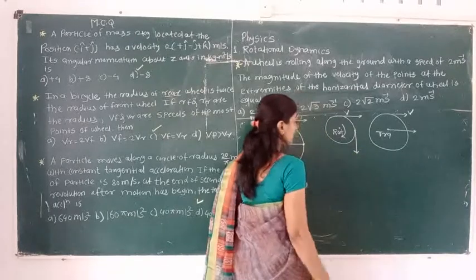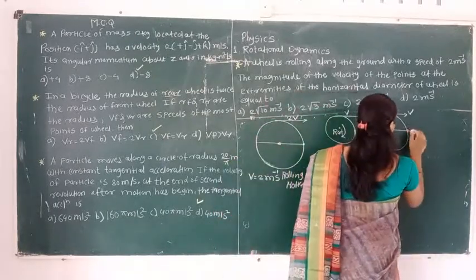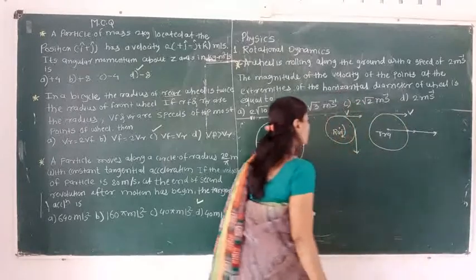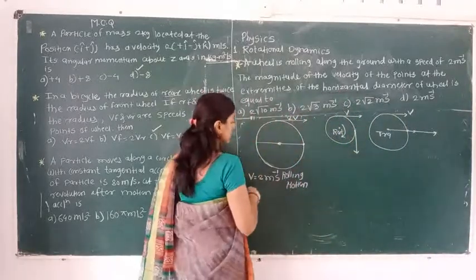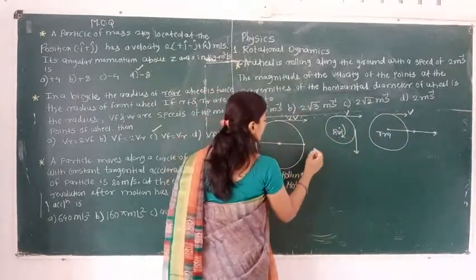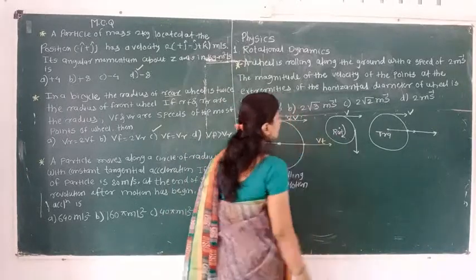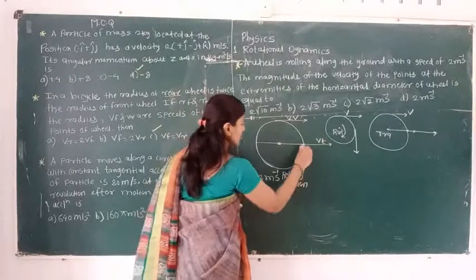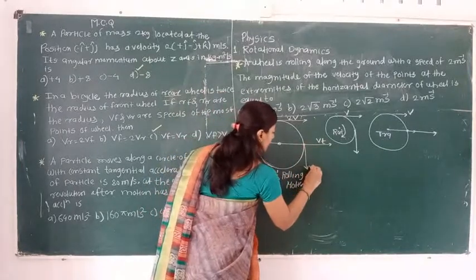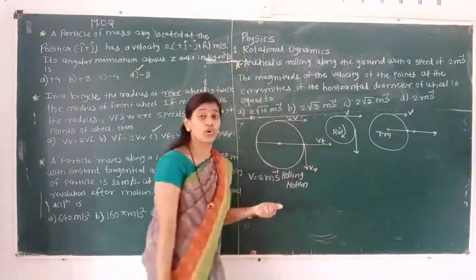It is in downward direction, but in translatory motion the direction is the same, forward. So at that point the velocities act in such a way: this is Vt, the velocity due to translatory motion, and here it will be Vr, the velocity due to rotatory motion.